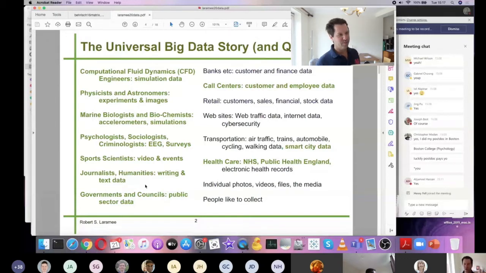I look at a library as just a humongous data set. We also have, right now, and this is particularly relevant, governments and councils collecting public sector data. So on the left side of this slide, these are all professions that collect the data for a living. That is part of their job.